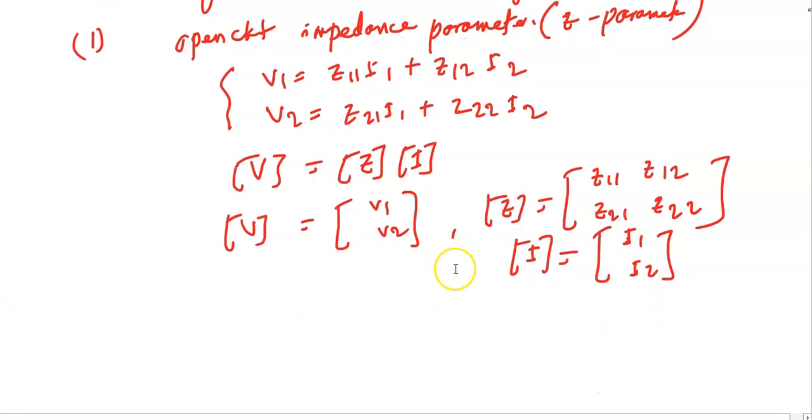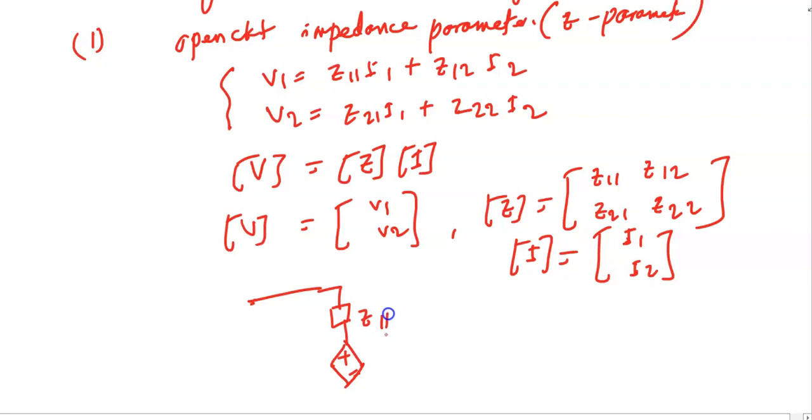Okay, so the equivalent circuit you can write like this. Just think of applying a current source and measuring the voltage. So obviously it will act as a dependent voltage source.